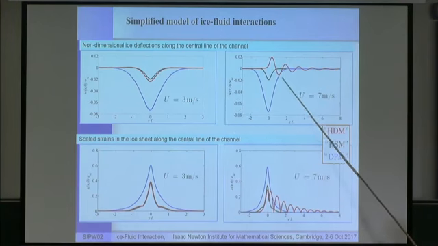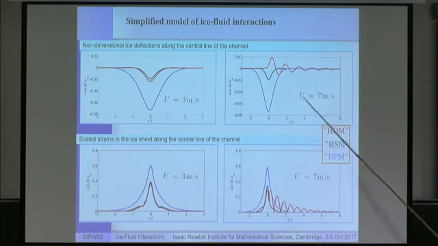But for the speed which is above the critical, we have this behavior of the deflection, but the other models don't present this behavior. So it is very important to consider the full model without any simplification.